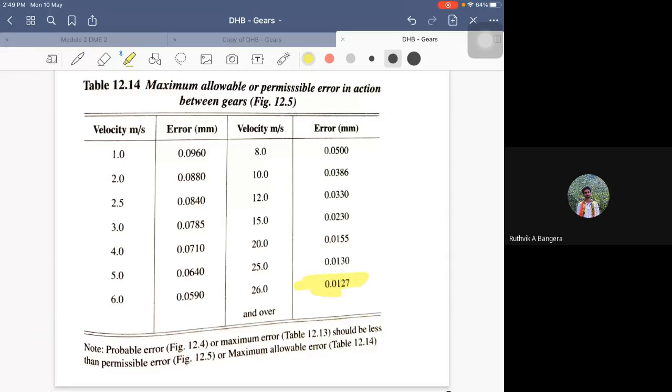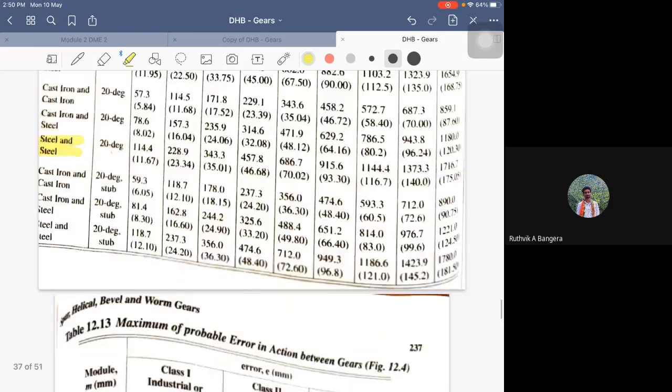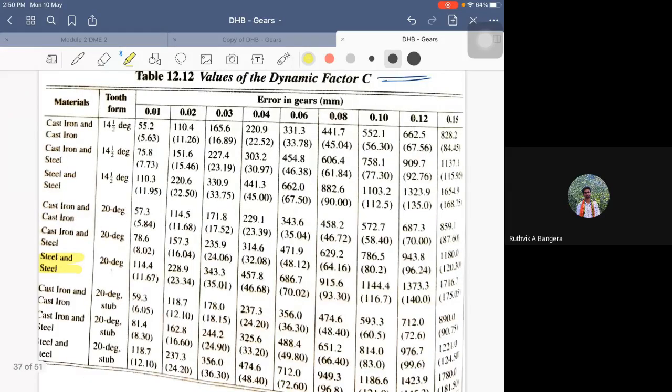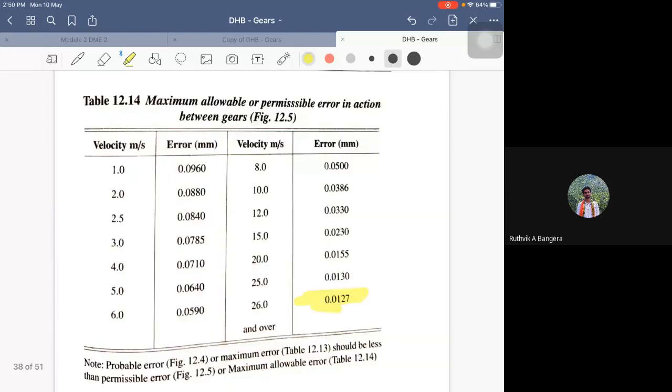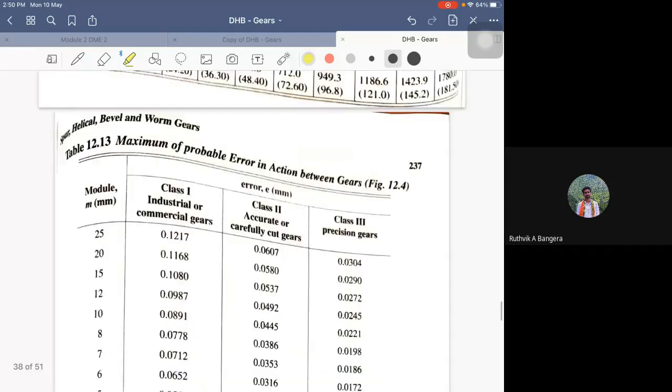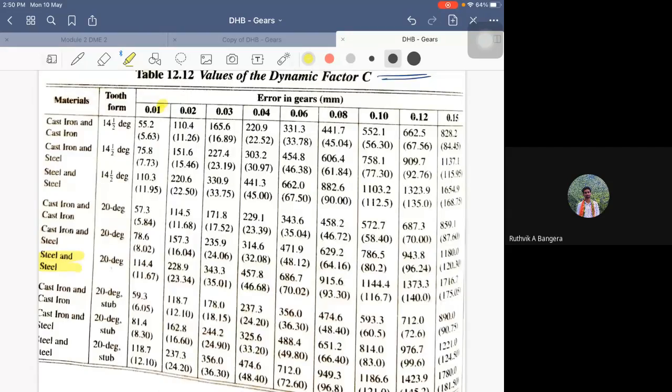So you have to take that particular value, 0.0127, and come back here. So minimum value you have it as 0.01 here.